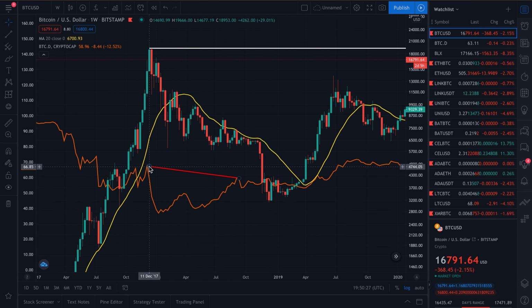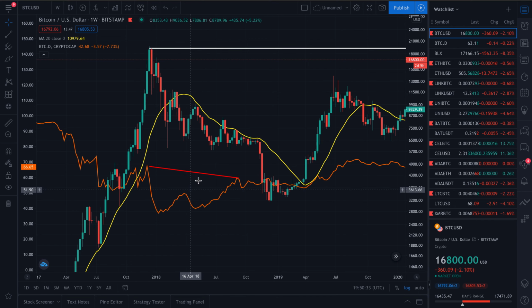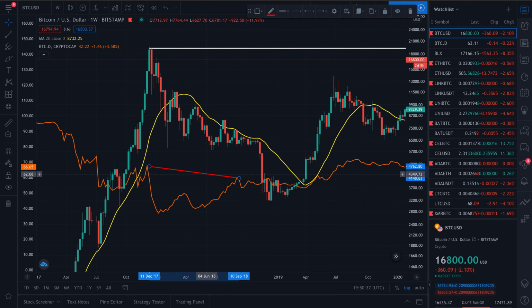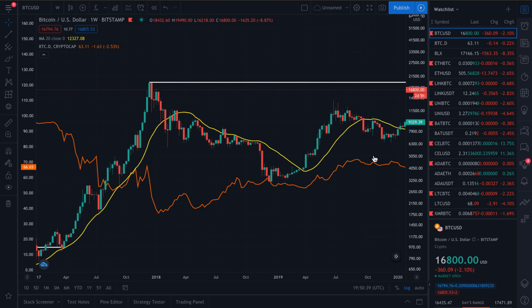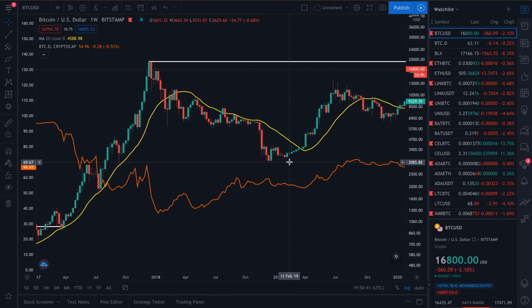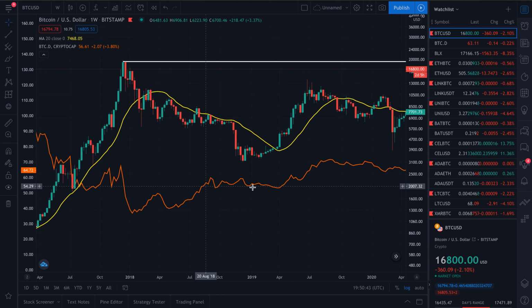It was from 67, 66 to about 59, with lows down to the 30s. And even when Bitcoin capitulated down to $3,000, dominance kind of stayed flat.